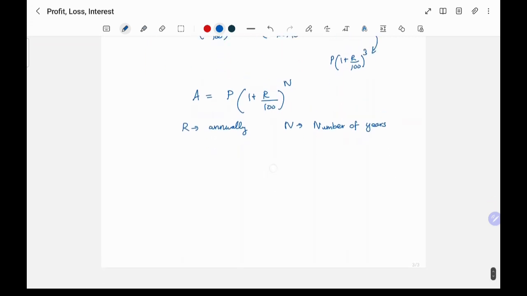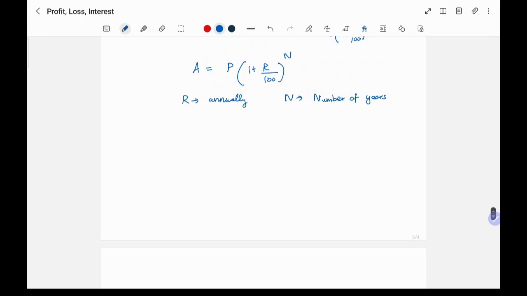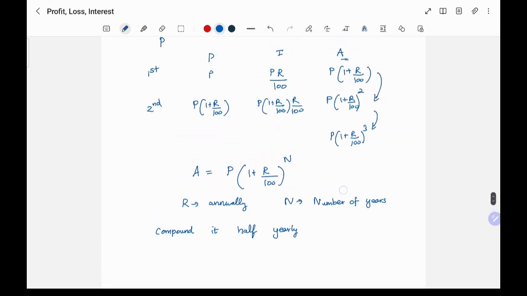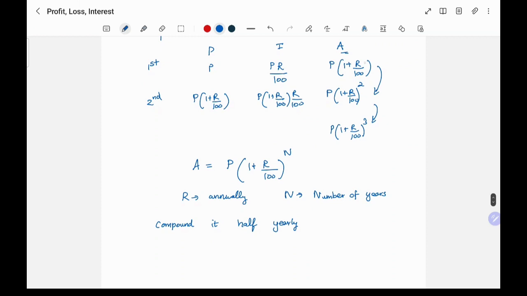Suppose we don't compound it annually. Let's say we compound it half yearly. Half yearly means we calculate the interest for half a year, and for the next half year this will become the principal amount.